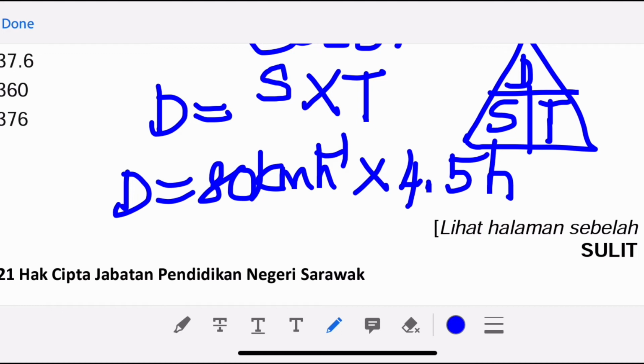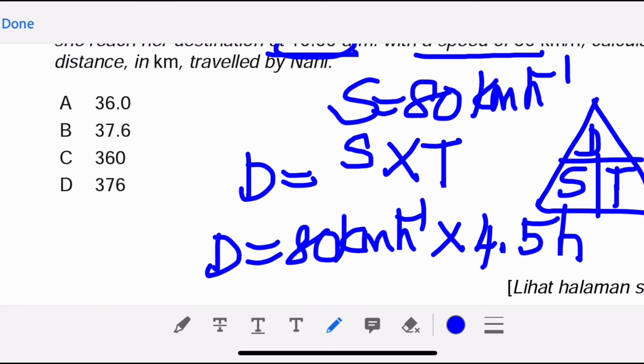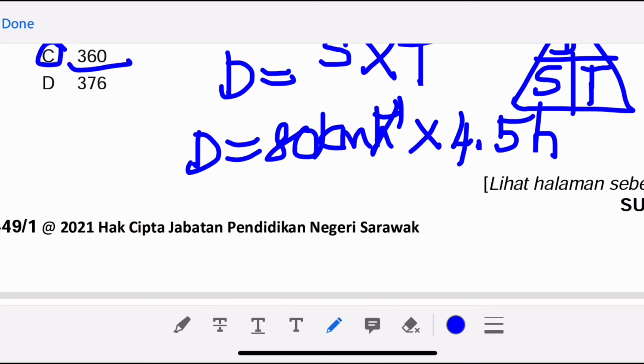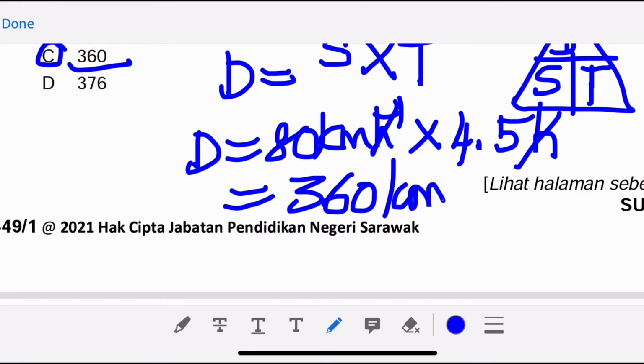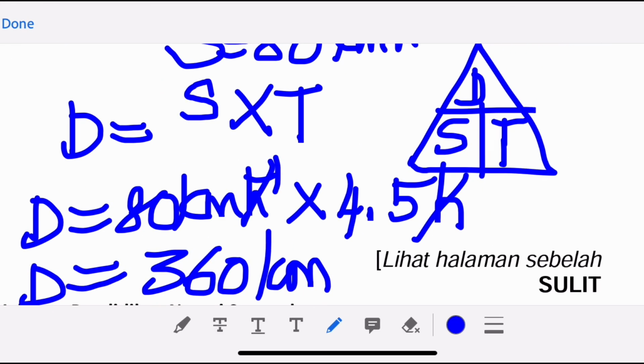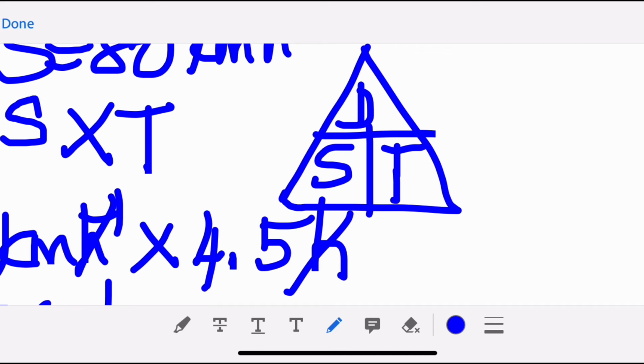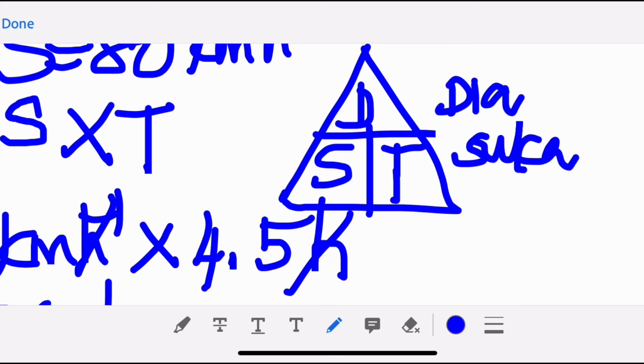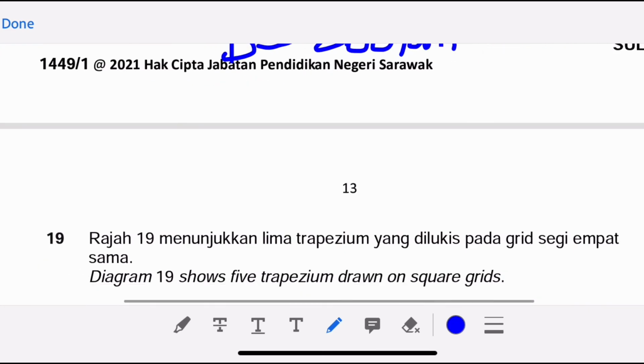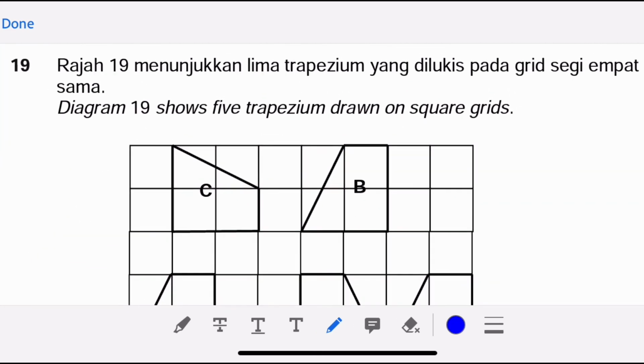Okay, so the answer is 360, right? Kilometer. Hour and hour cancel out. 360 kilometer is the distance. Remember, the formula must be correct. Right. Now we go to 19.